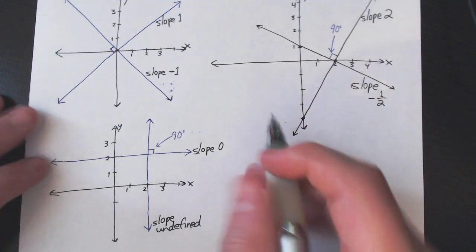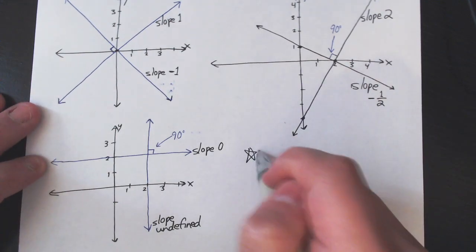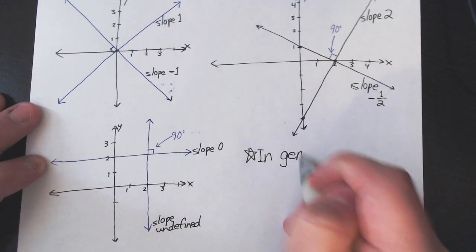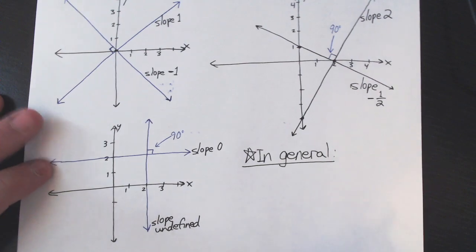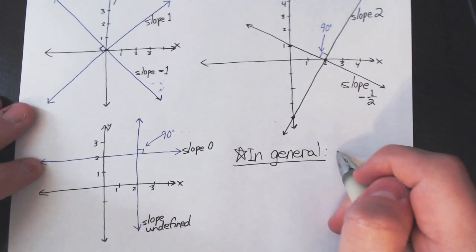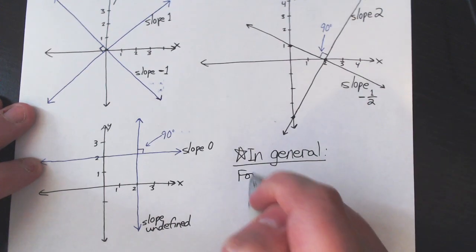Okay, so let's state our general rule. In general, the pattern that we're getting here. Let's say for non-vertical lines.